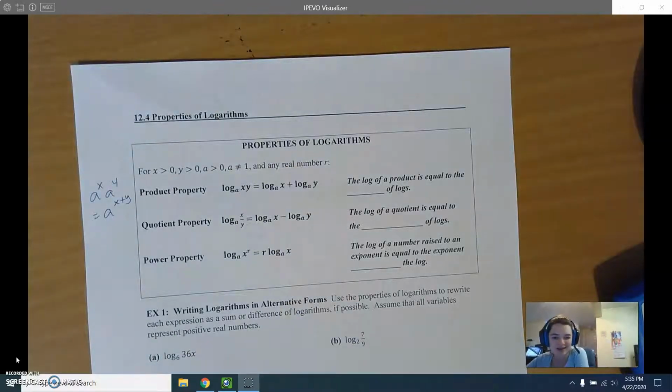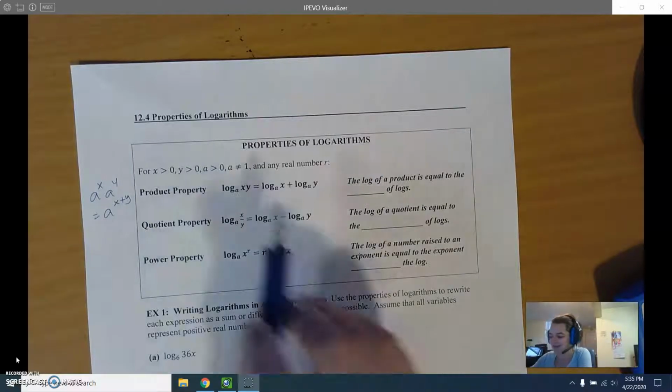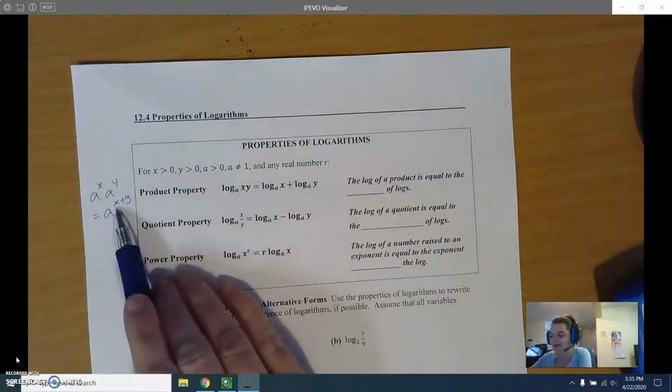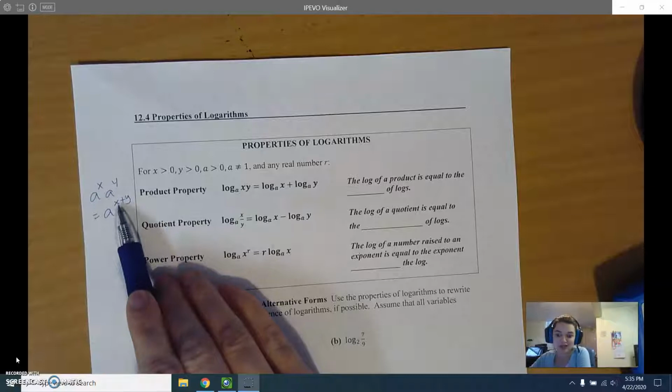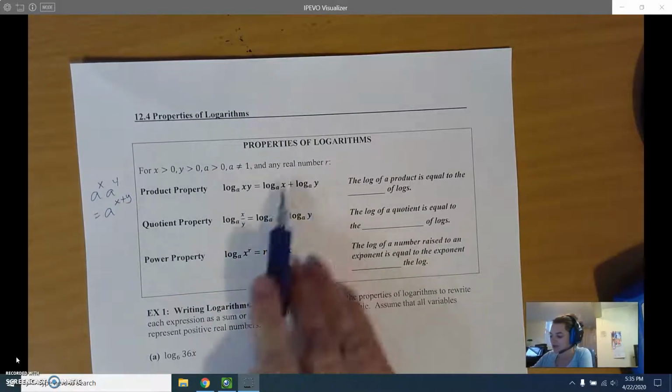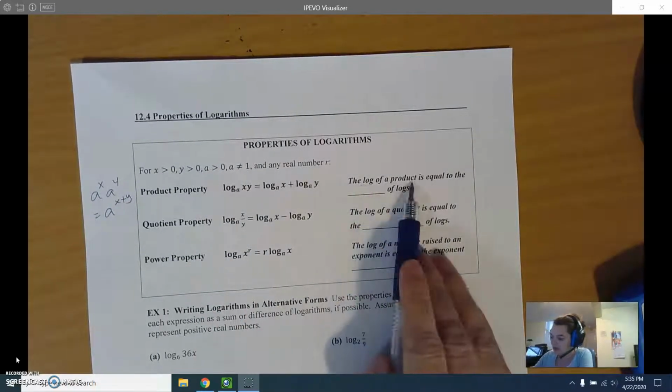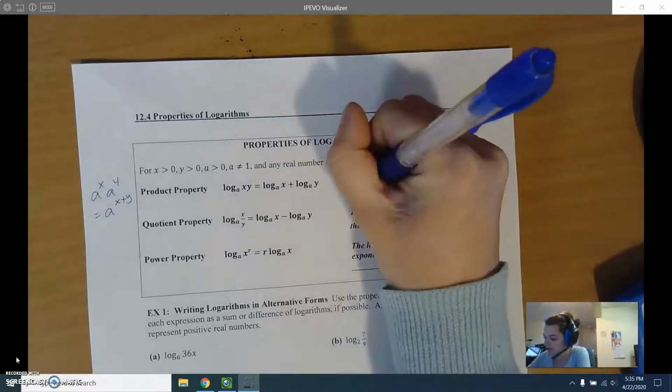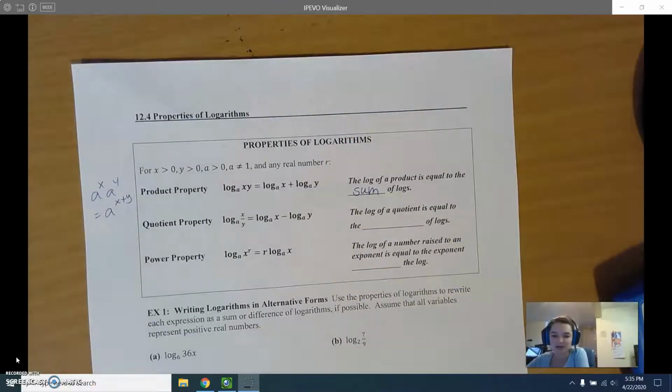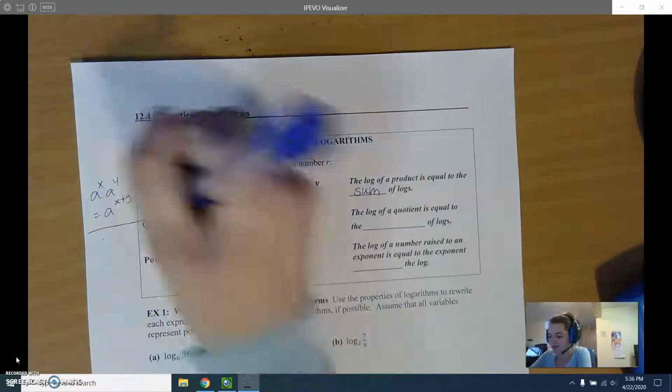Do you remember that a little bit? It's actually a lot like that, where you have two things that are multiplied. We can separate them with addition. And so that's what we're going to see here. So the log of a product is equal to the sum of your logs.